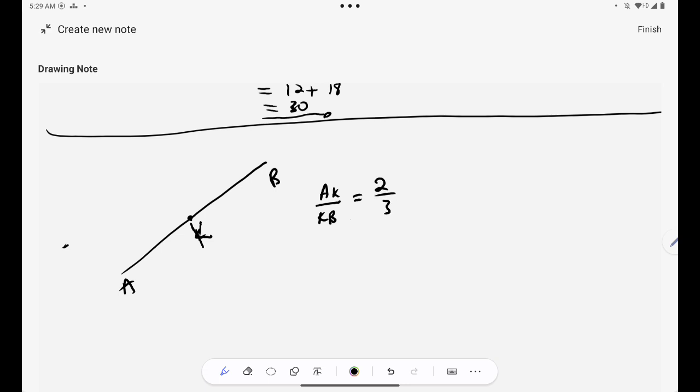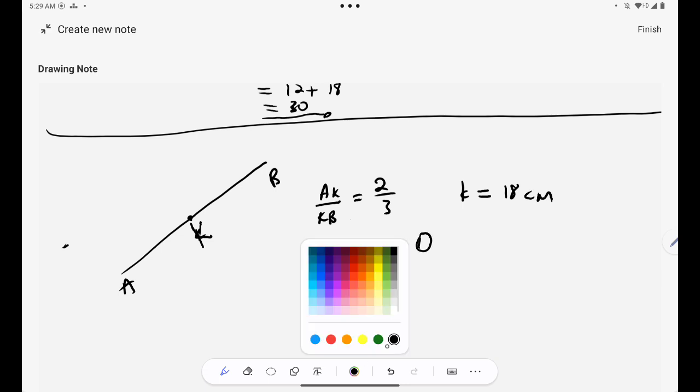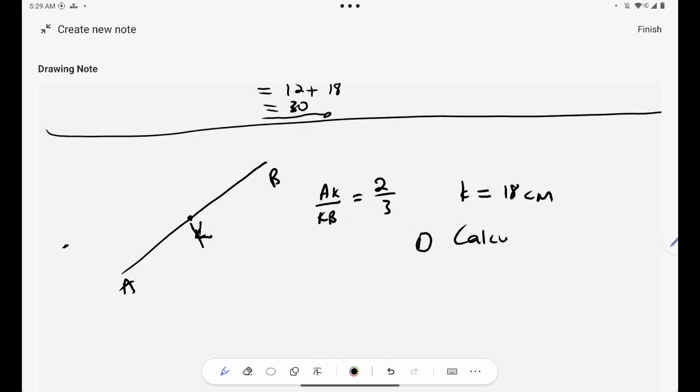And then we are also told that KB maybe is 18 centimeters. Our duty number one is to calculate the length of AK, and then number 2 is to calculate the length of AB.